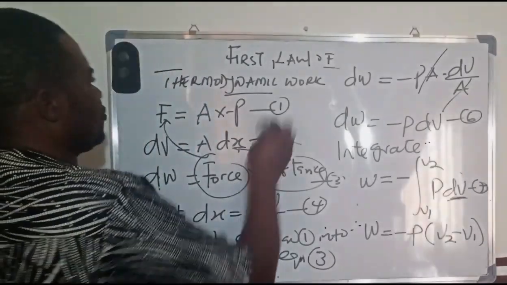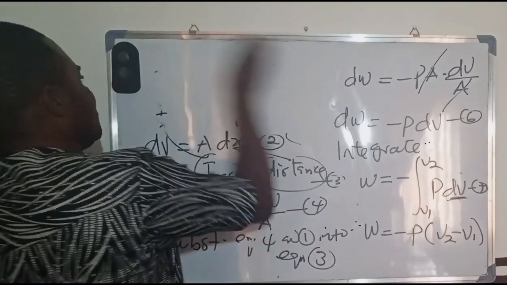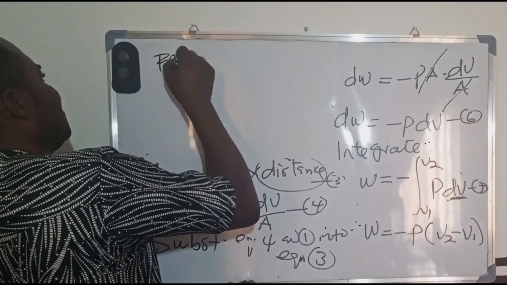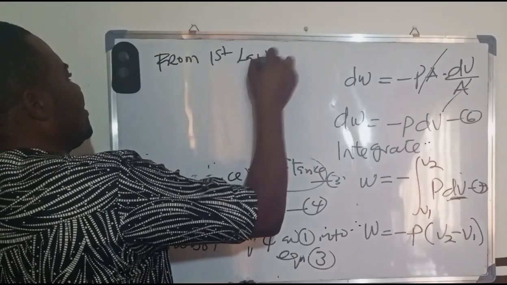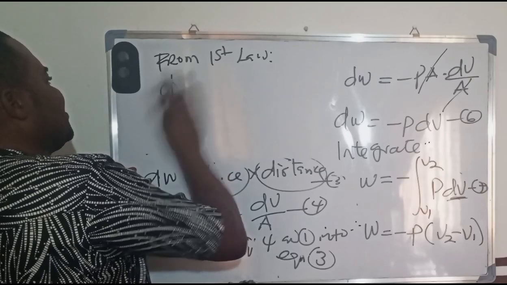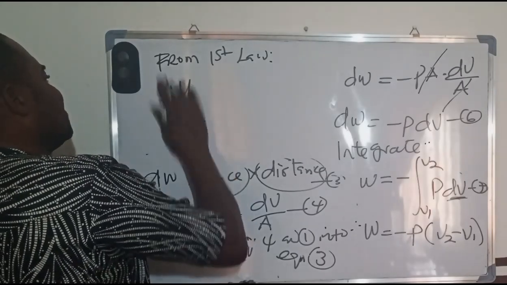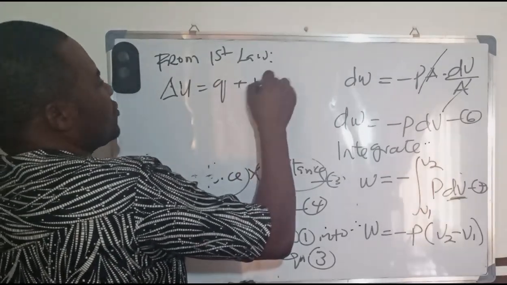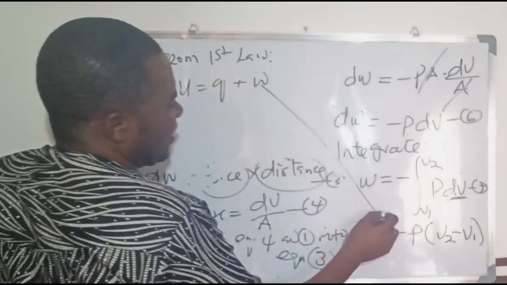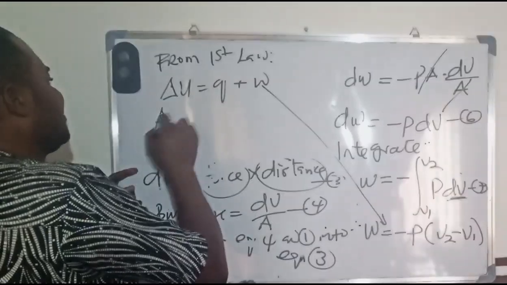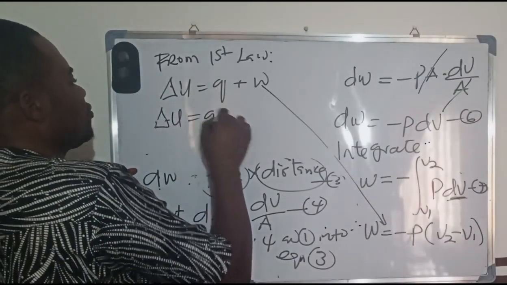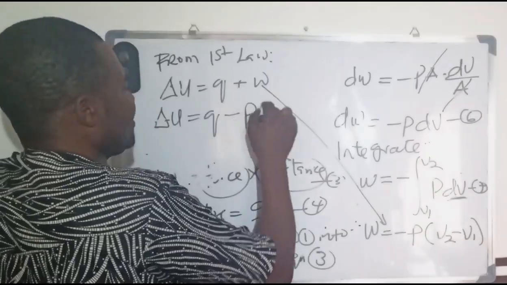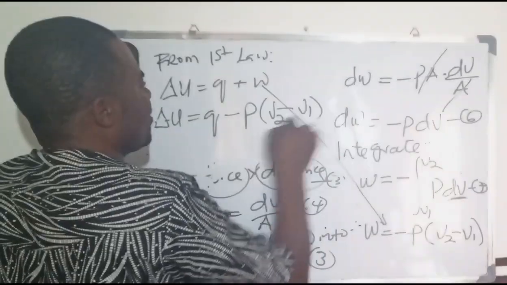Now, if we choose to introduce our first law of thermodynamics equation, from the first law you have that change in U, which is the internal energy, is equal to Q plus W. Now this is our W. So we now have that change in internal energy U is equal to Q minus P times (V2 minus V1), because this minus crosses over.